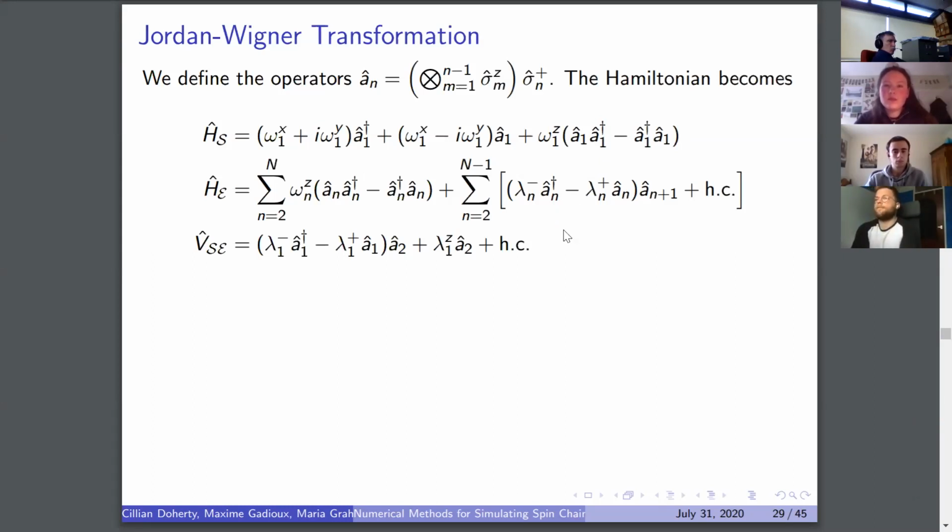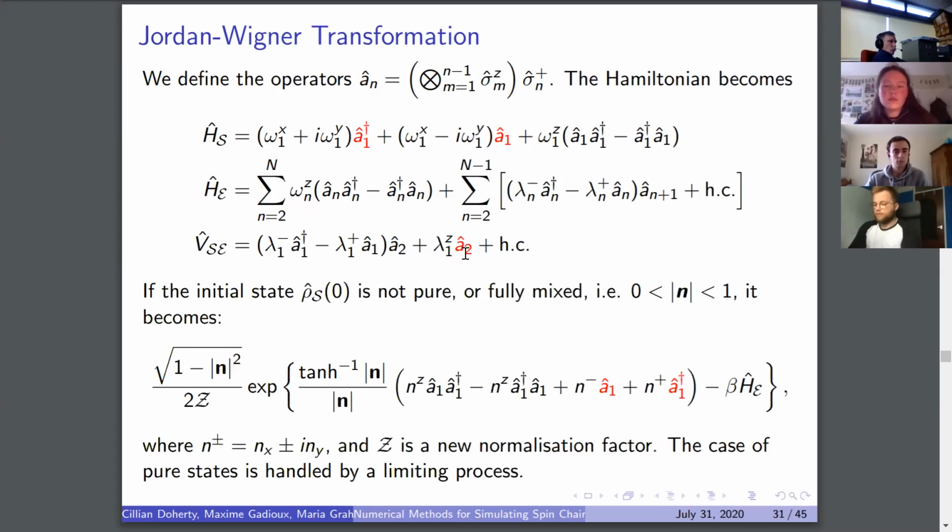But you'll notice that our Hamiltonian isn't fully quadratic. For example, we have these linear terms here, and both of these come from the x and y components of the magnetic field, so they do introduce linear terms. And similarly, one of our coupling terms here also becomes linear. So we're not going to be able to use the Gaussian formalism straight away.